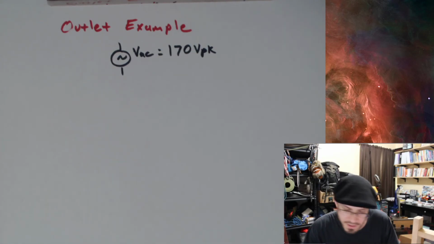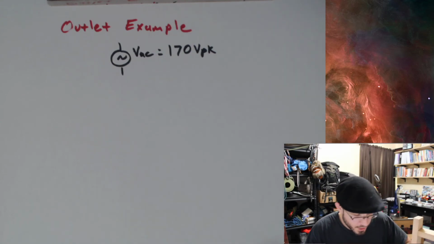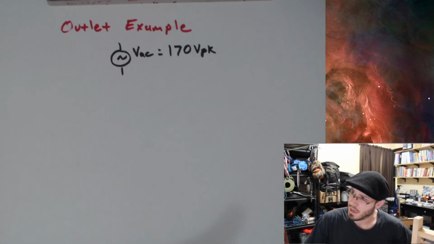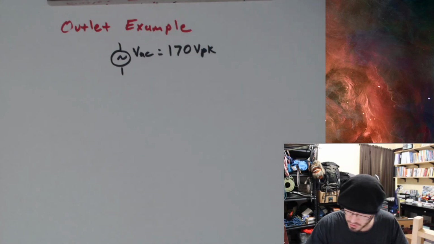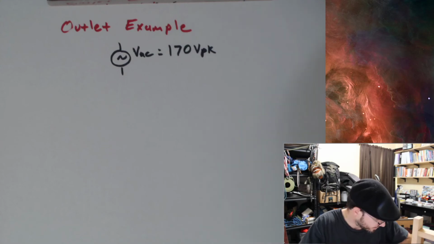We have three different ways we could specify this: 340 volts peak to peak, 170 volts peak, or 120 volts RMS. And we can pick whichever one we want to use depending on which is more beneficial for us given the circumstances of what we're solving for.